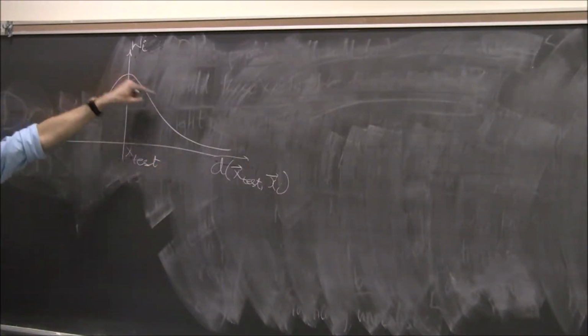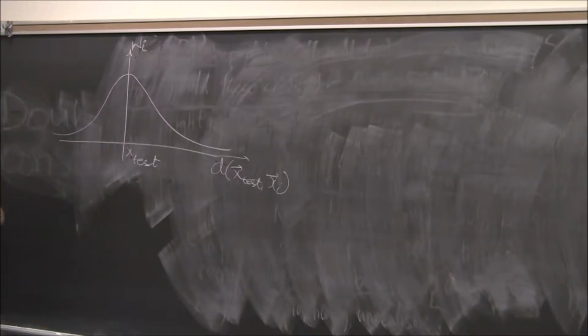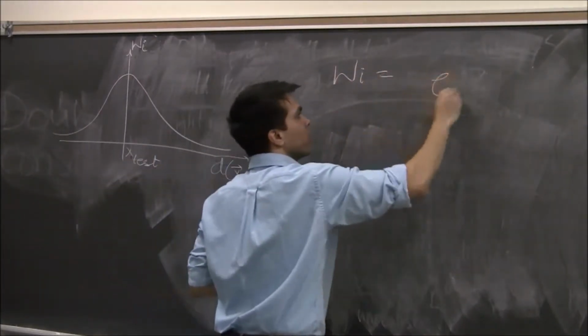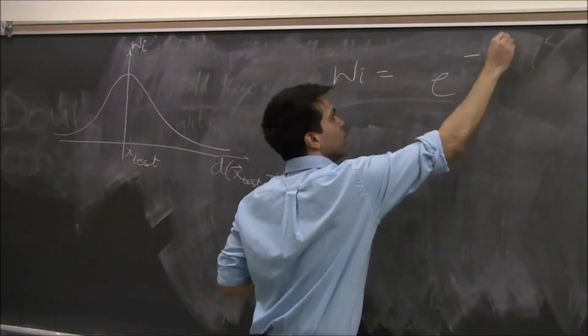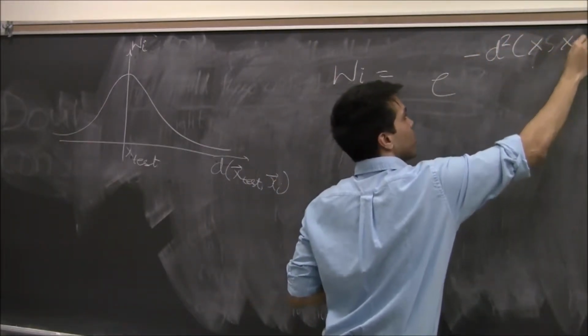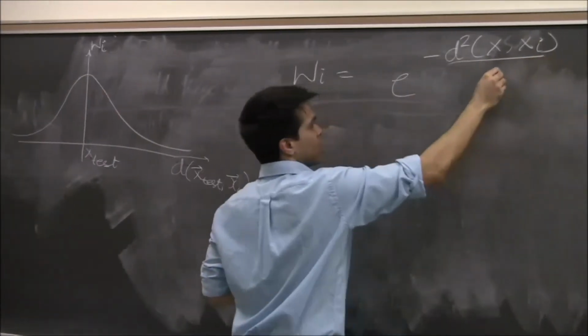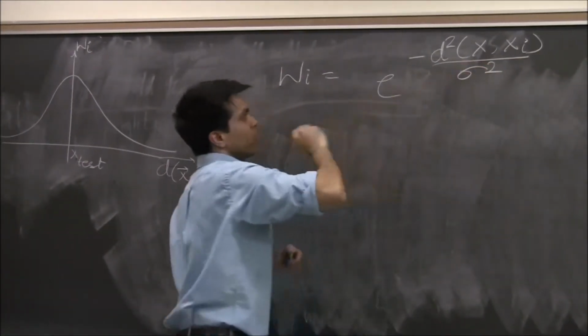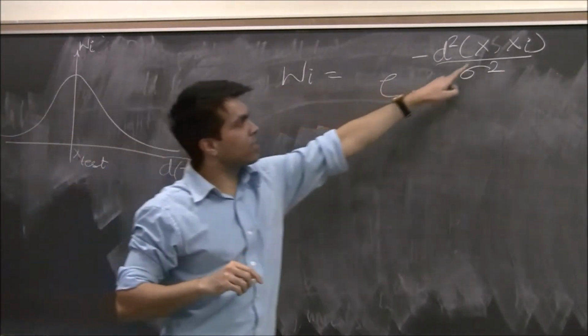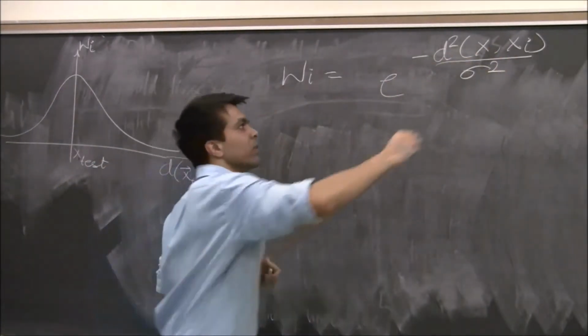When you're close by, you have high weight, and it goes to 0. The equation we wrote down was w_i equals e to the negative distance squared between x and x_i, over sigma squared. I've dropped x test for brevity. So i is the training data point, and x is the query point, x_i is the training.